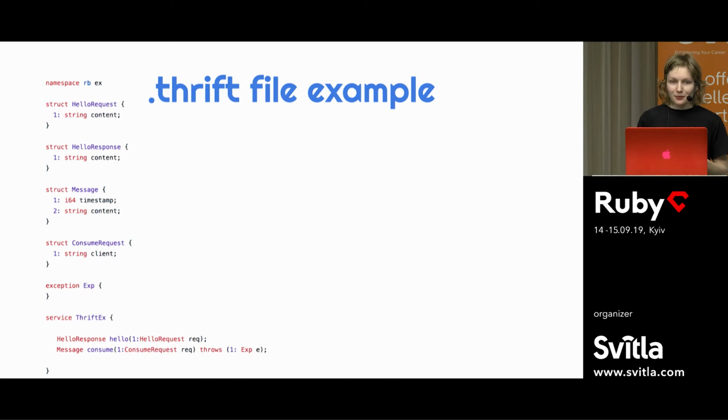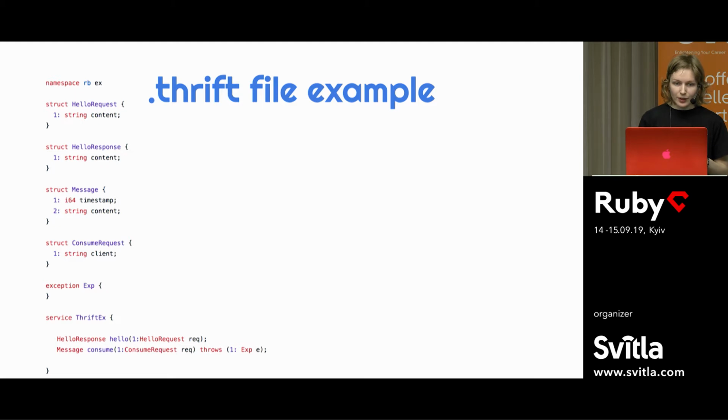A Thrift file example is pretty similar to a Proto file, but with a new feature. It allows you to use namespaces, and within namespaces you can repeat the same message types, but maybe with different content. Basically, a struct is the same as a message in the Proto files.